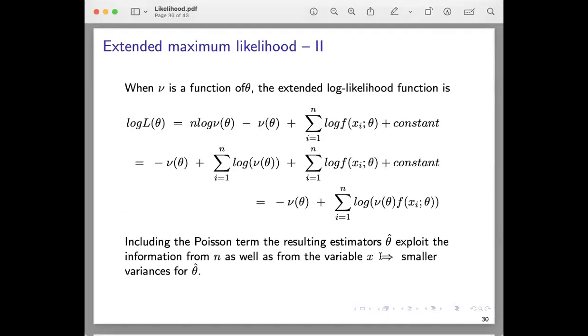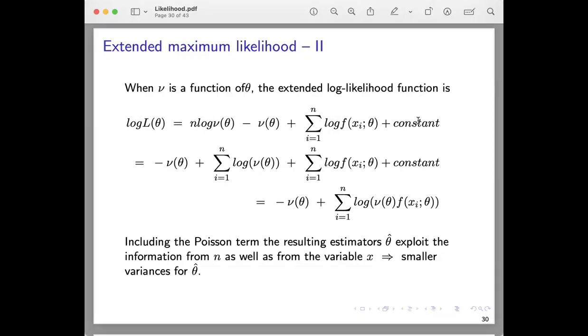So let's take the first case, when nu is a function of theta. Then you can expand this log likelihood function. You get log of L of theta would be n log nu, which is a function of theta, minus nu, which is again a function of theta, plus the log of the standard term that we had before, plus some constant term which you can ignore, because when you maximize it becomes 0.